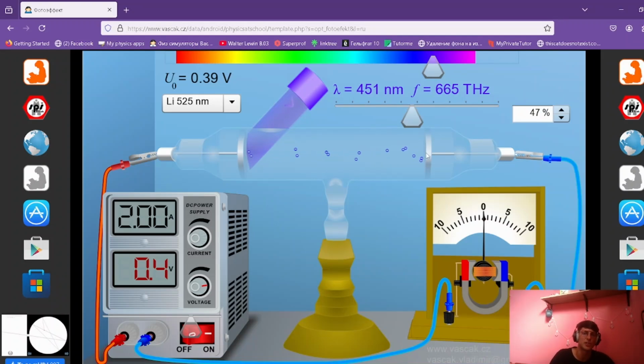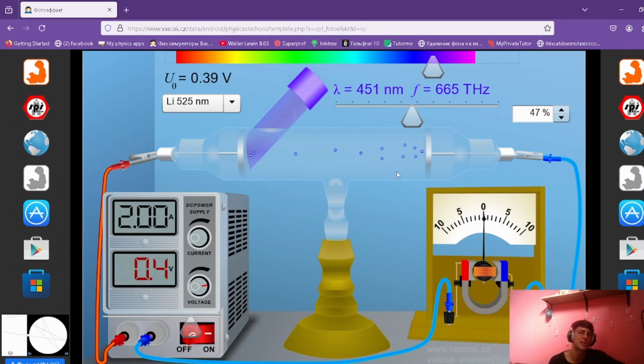They cannot reach another plate. I stop them completely by the electric field between these plates. This tube is evacuated, no air inside. An electric field does work on these electrons and decelerates them.